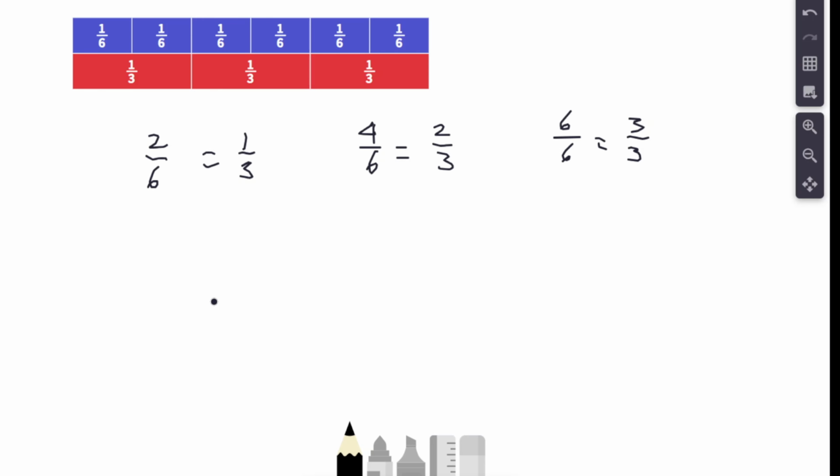There's also a way without using these fraction pieces to find equivalent fractions. So if we want to find an equivalent fraction of 1/3, if you notice, 1/3 is equal to 2/6. What pattern do you see between these numbers?